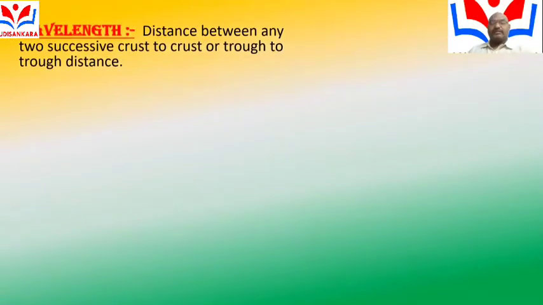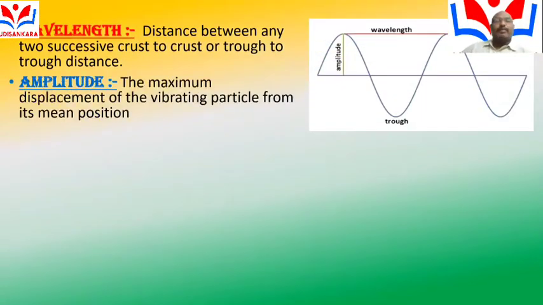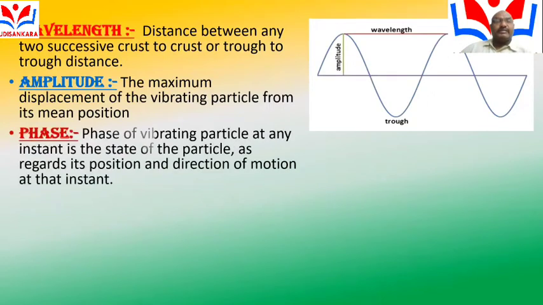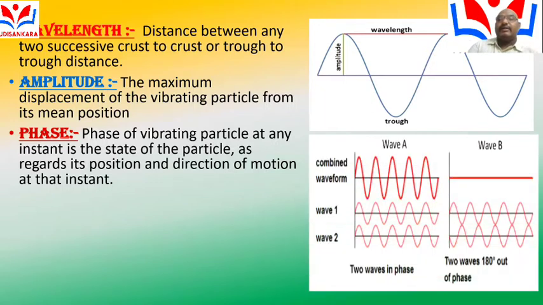What is the wavelength? What is the amplitude? What is the phase? The first one is wavelength, the distance between any two successive crests or troughs. From the diagram, this is called the crest, and this is also a crest. The distance between two successive crests or two successive troughs is called the wavelength.